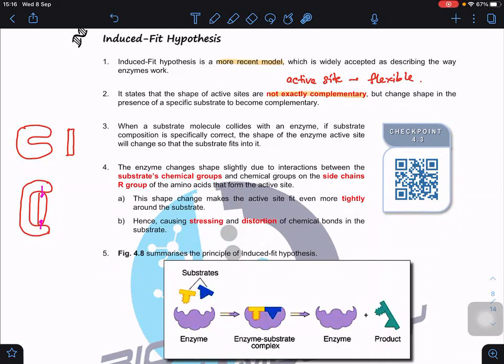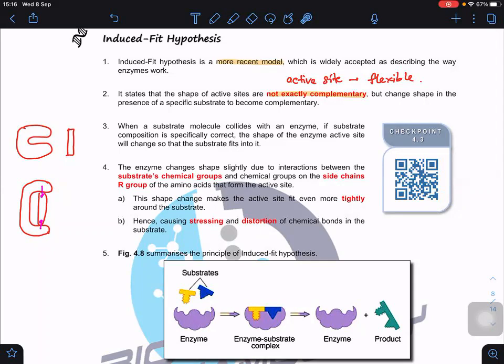Same goes for this. The shape has changed already, so it exerts pressure or force onto the substrate molecule, stressing the substrate molecule and distorting its chemical bonds. So therefore you can see that they require less energy to break the bonds.